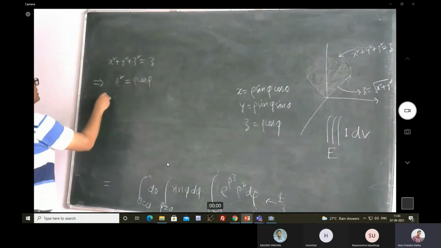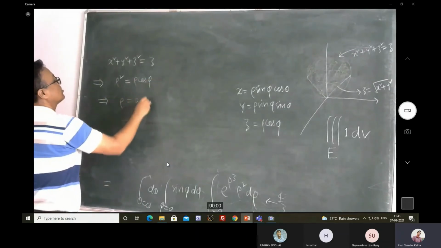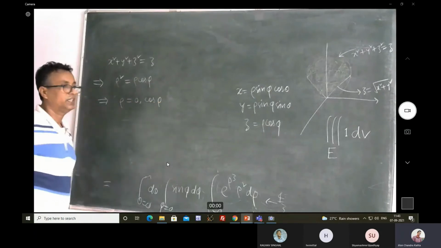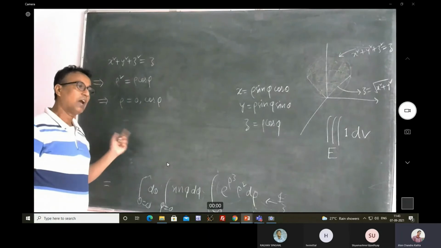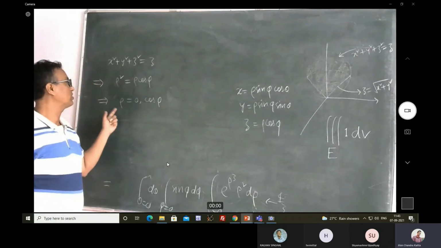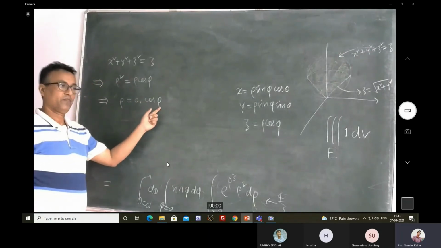So from here I'm going to get rho equal to 0 and cos phi. That means the lower limit and upper limit of rho are going to be 0 and cos phi.